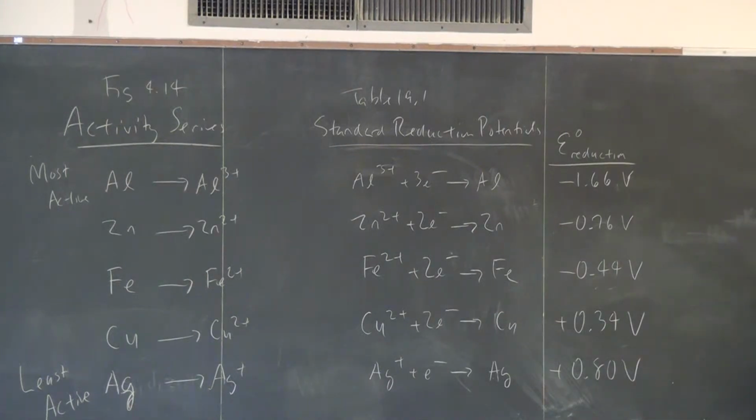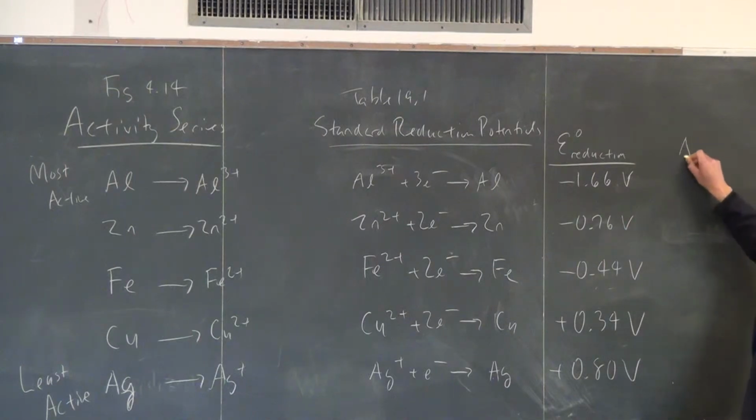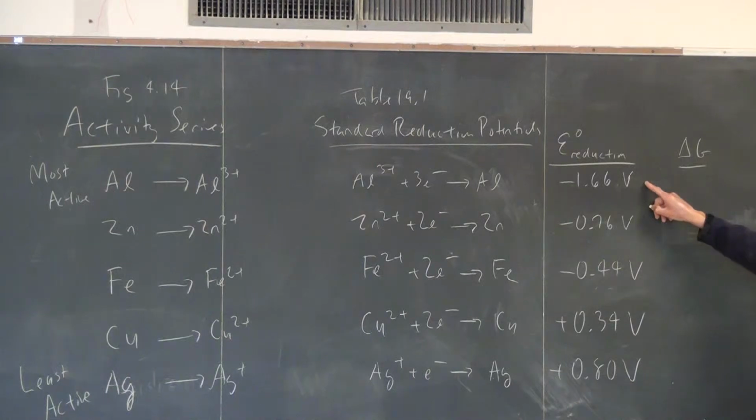Is the reduction potential telling us the voltage that is produced by the reduction? What is the negative and positive telling us? Well, we can relate this to the equation delta G equals minus n times F times E. Note that we have a negative number here, so if we calculate delta G for this, is delta G, based on the negative E0, going to be positive or negative?